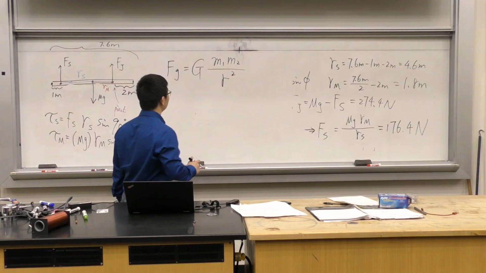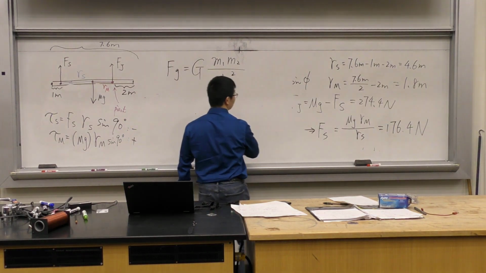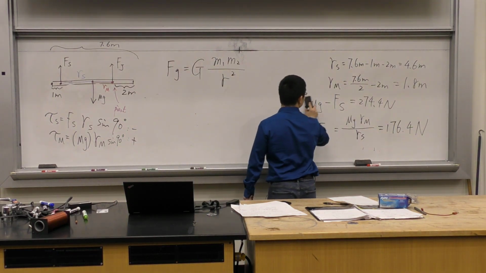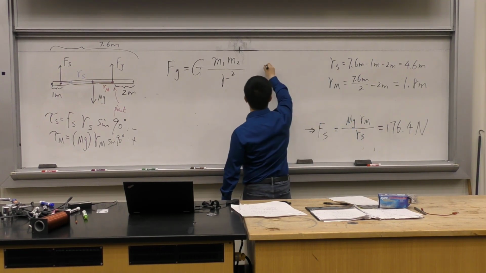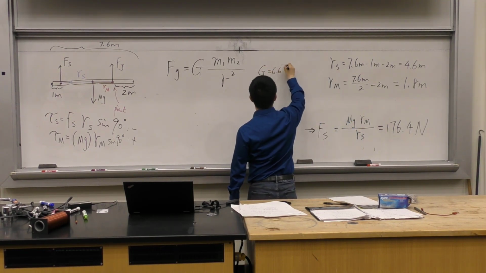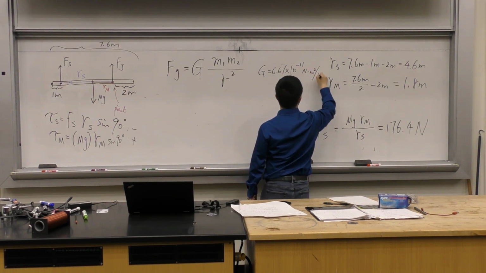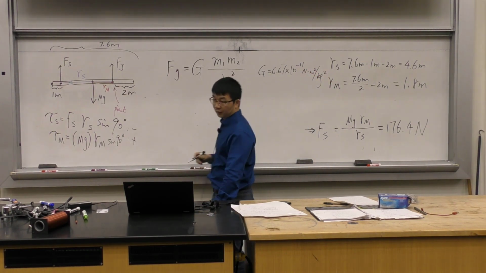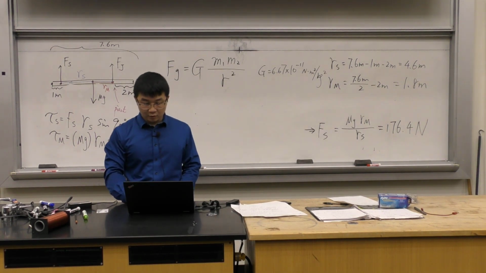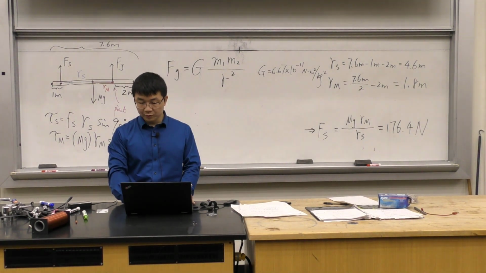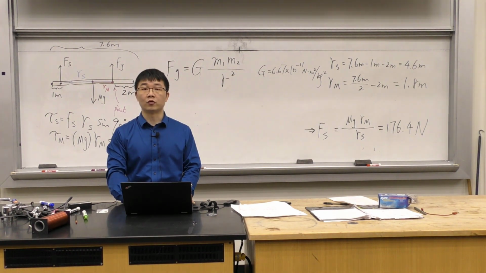And the big G is a constant in SI units. It's a very small number. This is the first time in human history that we discovered a fundamental force in nature.